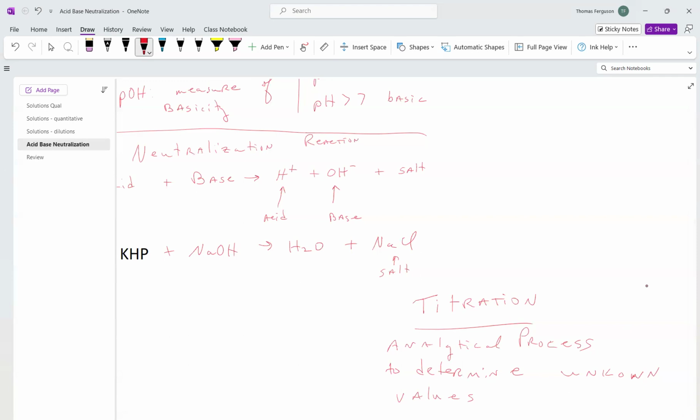So in this case, this is going to be an acid-base titration. And we're going to be determining the concentration of an unknown sodium hydroxide solution.